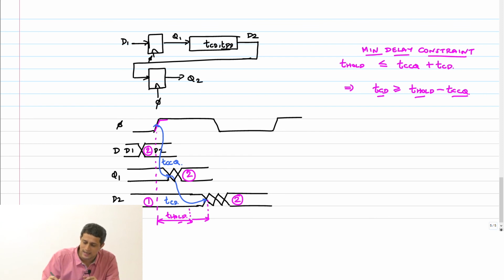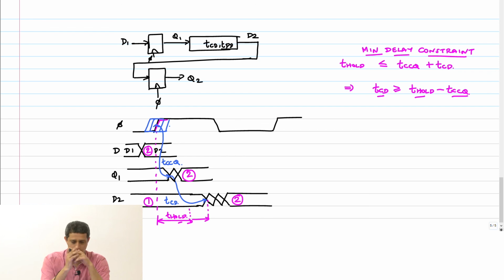Now, as usual, we have to incorporate clock skew into this. What happens if the clock edge moves around a little bit like this? First of all, which edge should I consider? Worst case consideration is the edge moving to the left or the edge moving to the right?